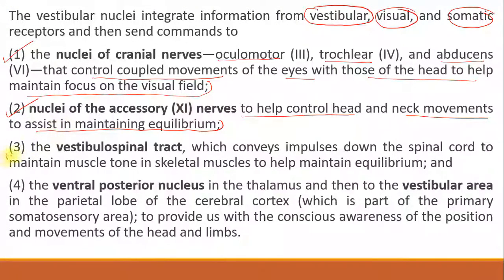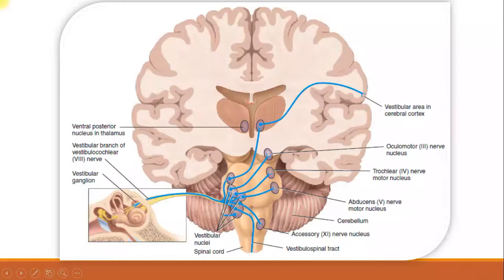The third location is the vestibulospinal tract. This carries impulses down the spinal cord to maintain muscle tone in skeletal muscle to help maintain equilibrium.